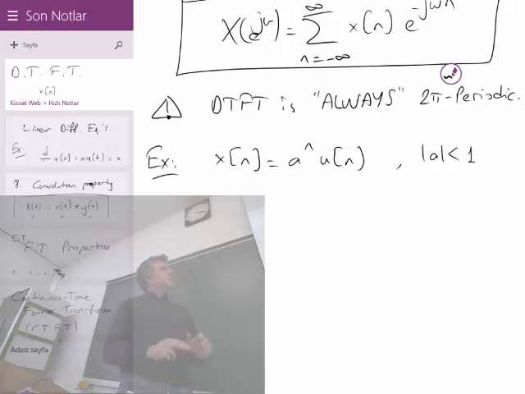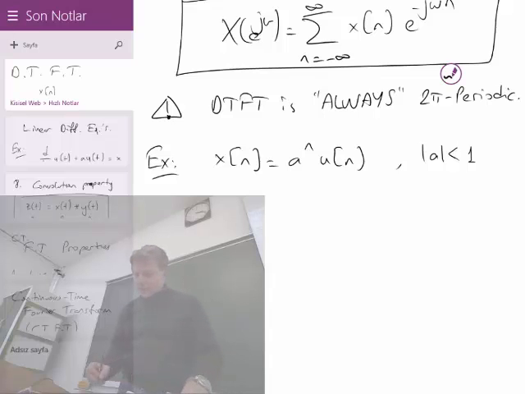Why do I restrict this to be less than 1? Because I want it to be a convergent sequence. If a is greater than 1, then a to the n will diverge, it will blow up. So we don't want that. So a is less than 1, and this is our discrete time signal. It's clearly non-periodic. Therefore, we don't have a Fourier series. We are looking for the discrete time Fourier transform.